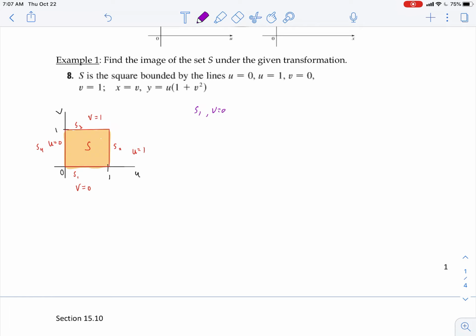So if V equals 0, X equals 0, because if X equals V, then X is going to equal 0.